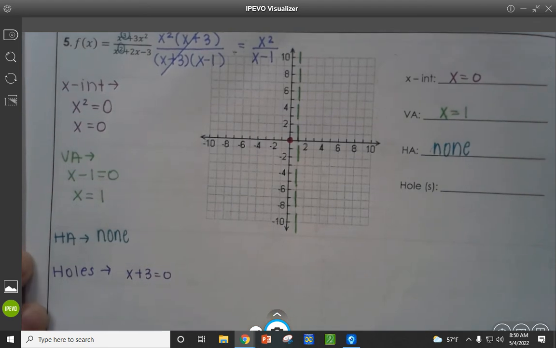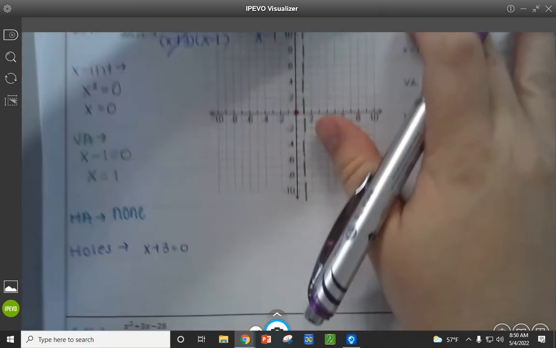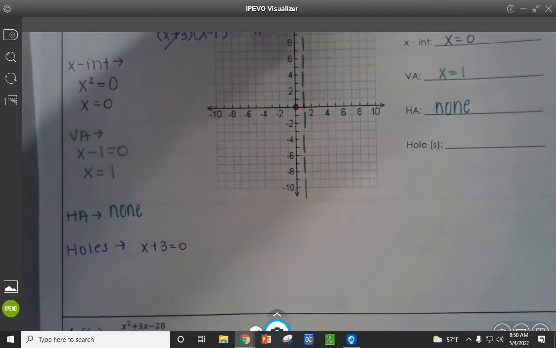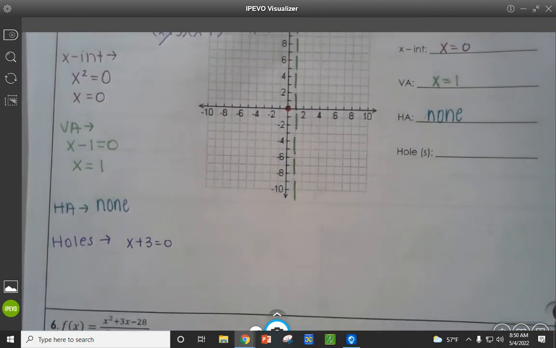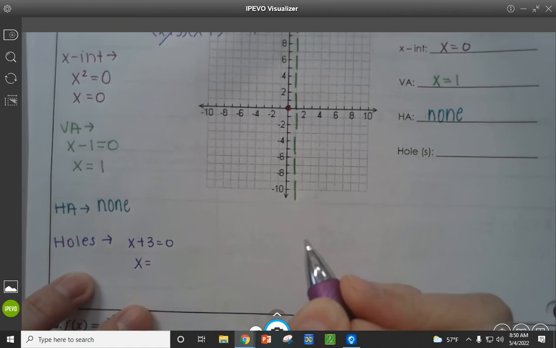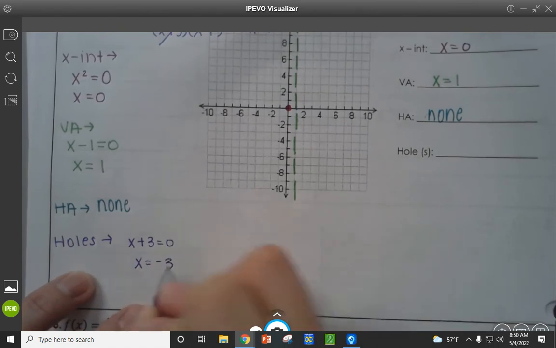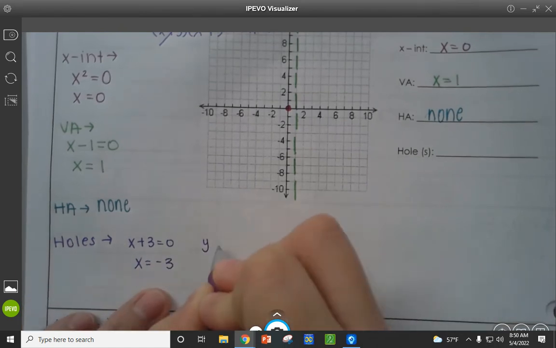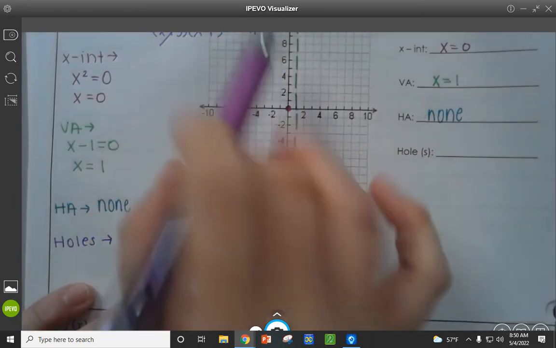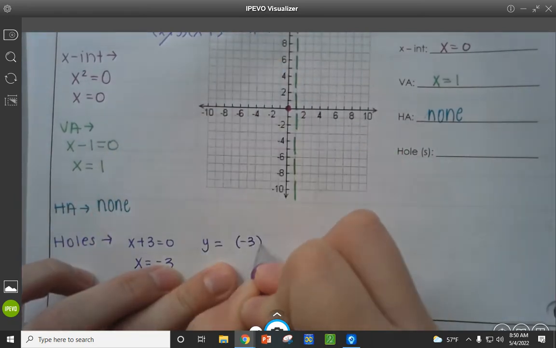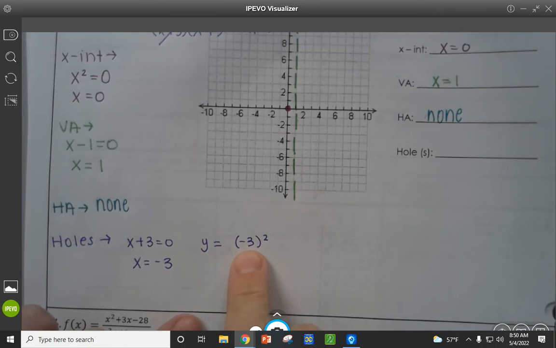So for the x value of the hole, we set the part that canceled, the x plus 3, equal to 0. And we get x equals what? And then for the y, we go to this and we plug in -3. But if you don't put that -3 in parentheses, you're going to get the wrong answer.